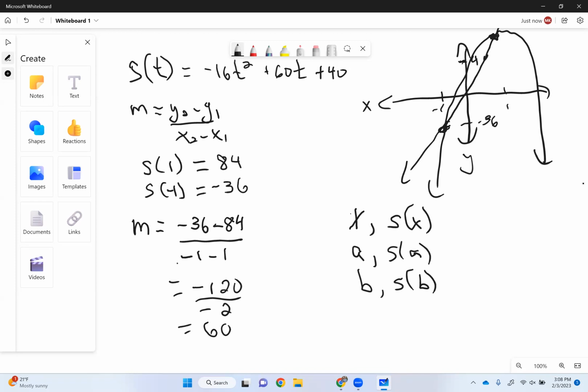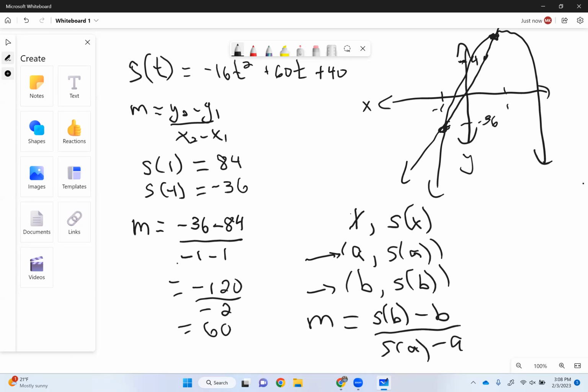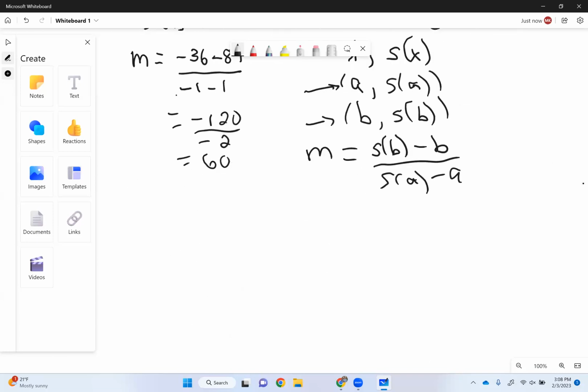So in this case, if we were to look at this point, we would say that m was equal to s of b minus s of a over b minus a. Now, it does scroll down.